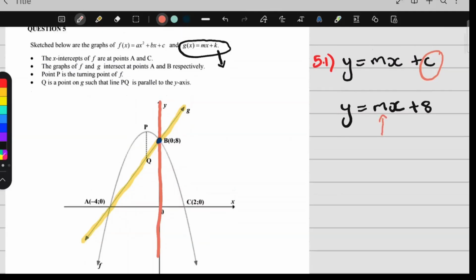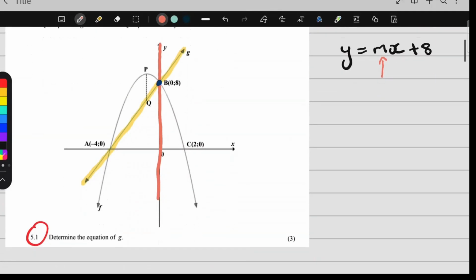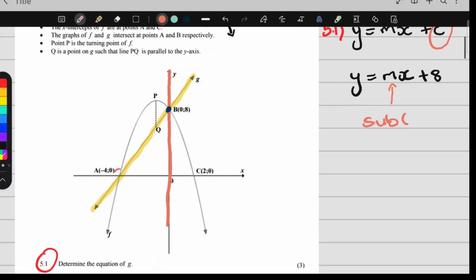For me to get my m, I'm going to sub in a point on my line. So I'm going to sub this point over here because that's also on my straight line. I'm going to sub negative 4 and 0. Wherever there is an x, I'm now going to write negative 4. And where there's a y, I'm going to write 0.